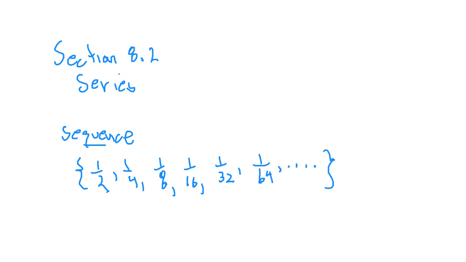Okay, so if we think about the terms of the sequence, this is the first term, second term, third term, fourth term, fifth term, sixth term, and so forth. So indeed, the nth term would be 1 over 2 to the nth power. That's the nth term.